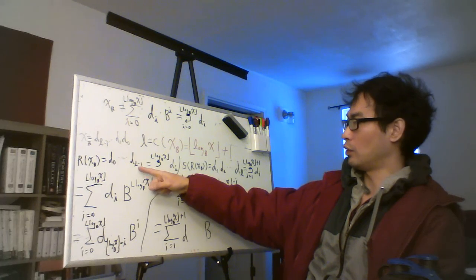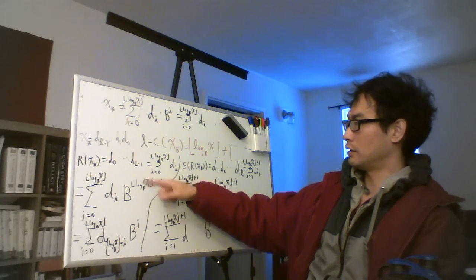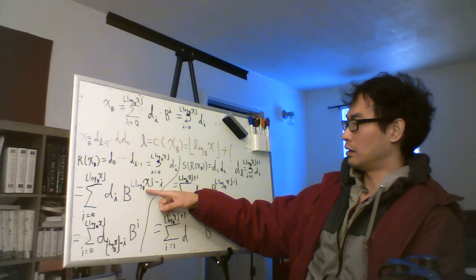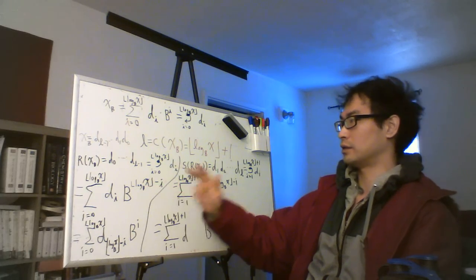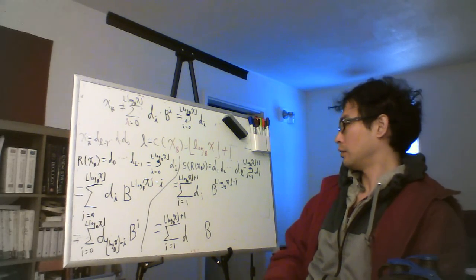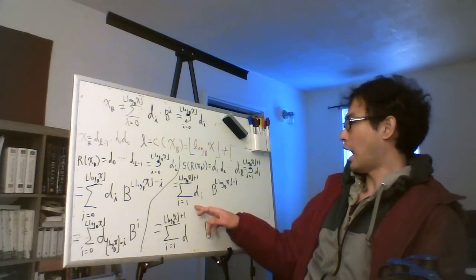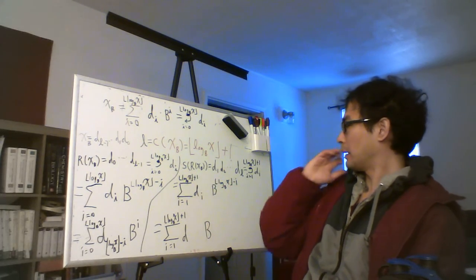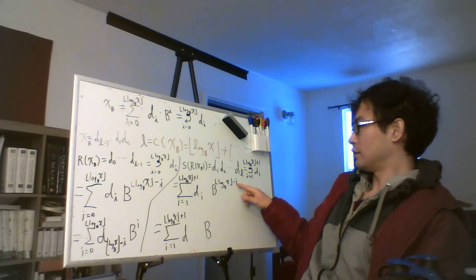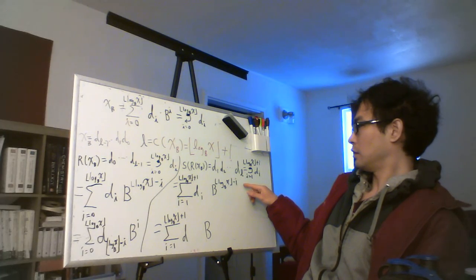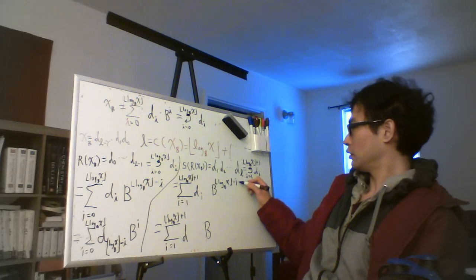When i is equal to floor, that's L minus 1, right? Floor minus floor, b to the zero. This is correct. But here, when i is equal to floor plus 1, you have floor minus (floor plus 1), so minus floor minus 1, so we have to add 1. Okay, well, whatever.